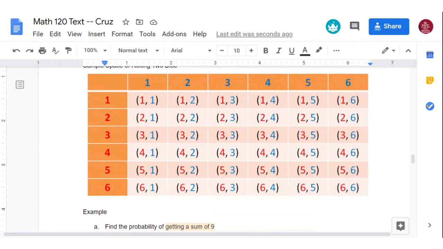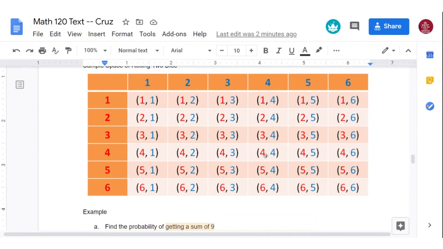None of the first row is going to suffice because 7 is the highest one. The last one is 2 plus 6, which is 8, but that's not greater than 8. So the first one is 3, 6, because that's 9. That's greater than 8.